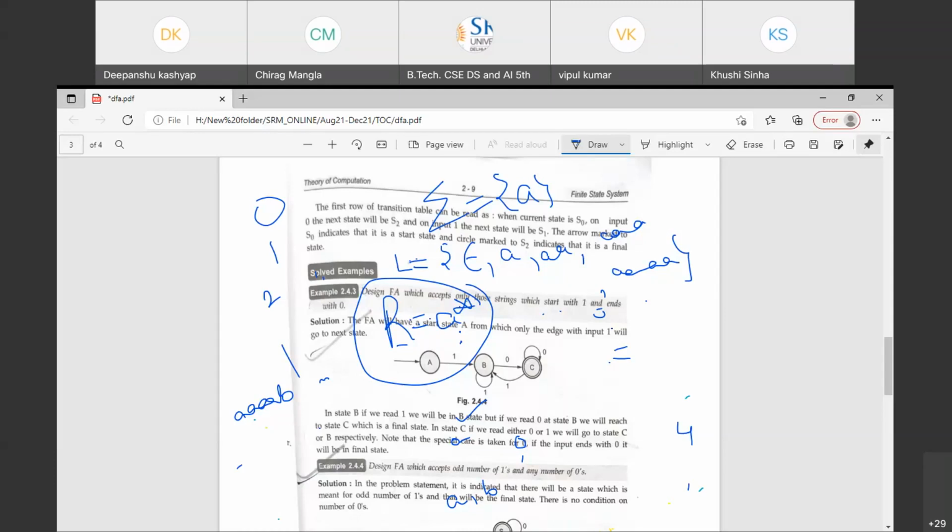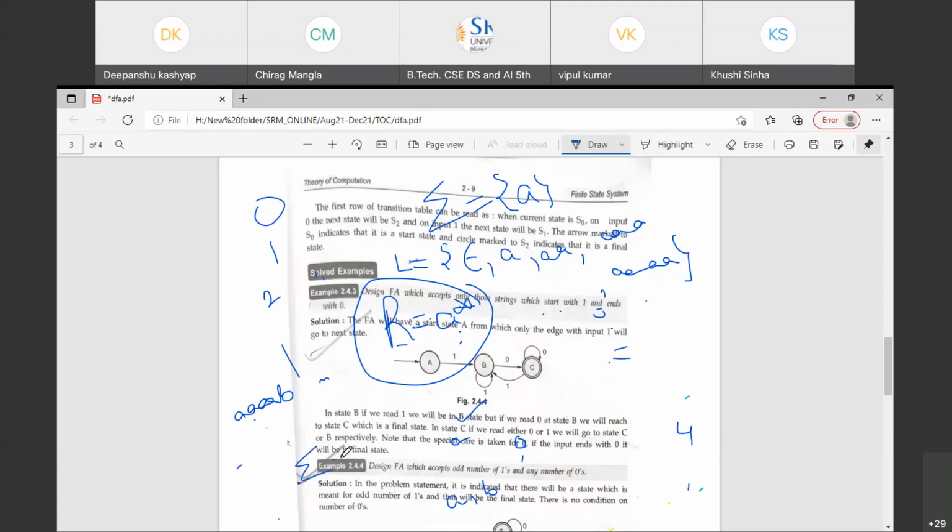Write down the next question, please. The next question is, write a regular expression accepting all the strings that are ending with double zero over the input alphabet 0, 1.